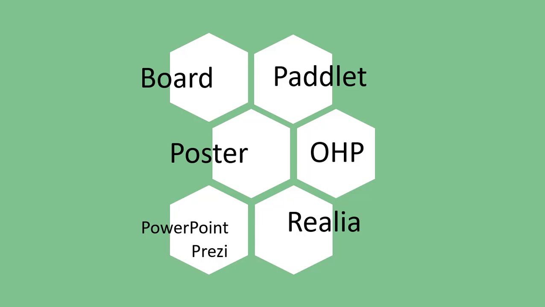Something very common in our situation at this moment, we have PowerPoint as the media of presentation, so we make slides and then we put the points in our slides.